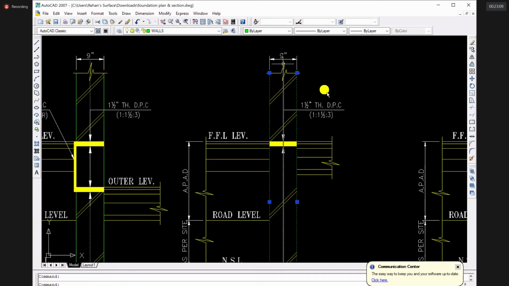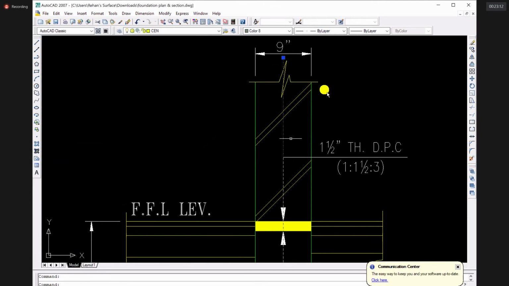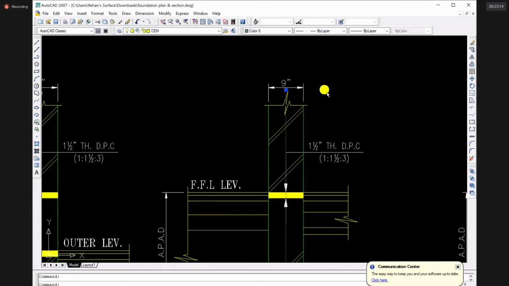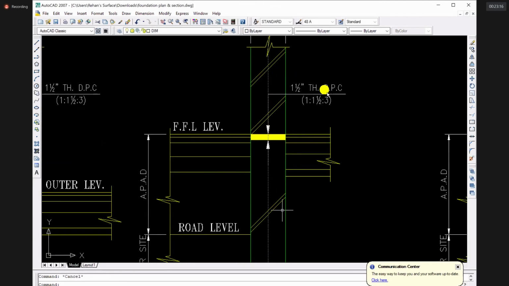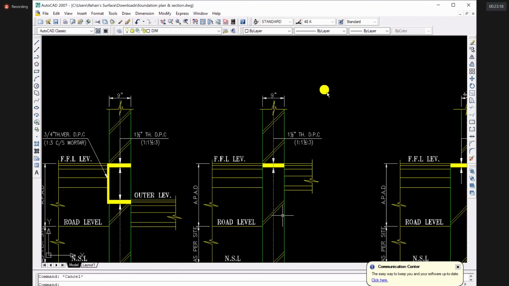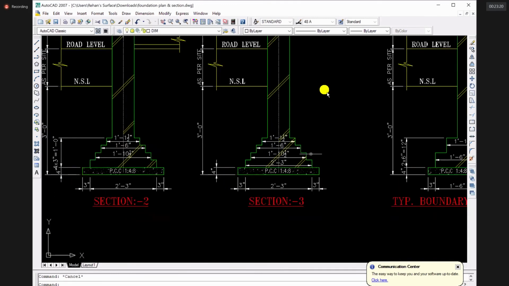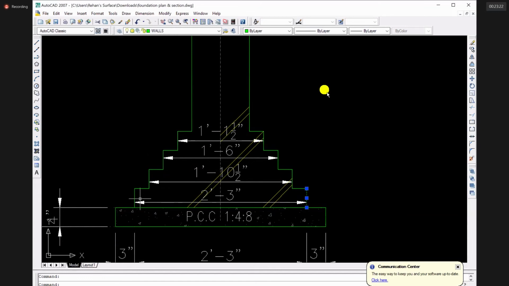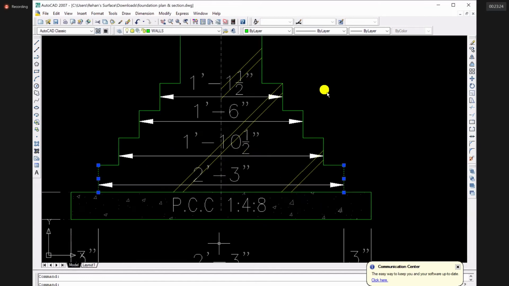Then this line is the center line, which you have marked yourself. Third lines are these two lines in the plan, which is showing the width of the footing. And lastly, you would have these two lines, which is showing the width of the excavation.